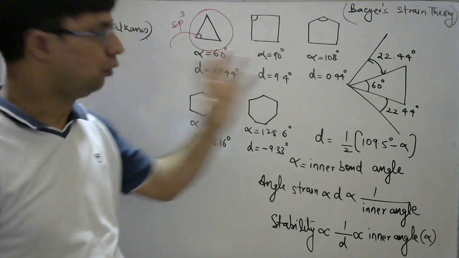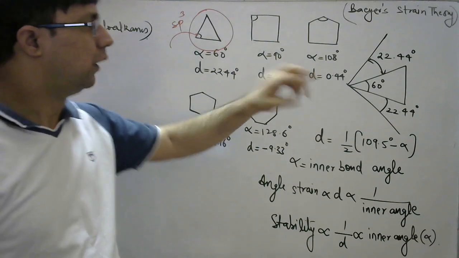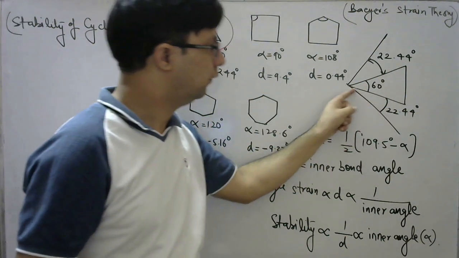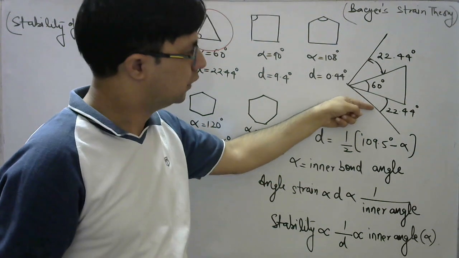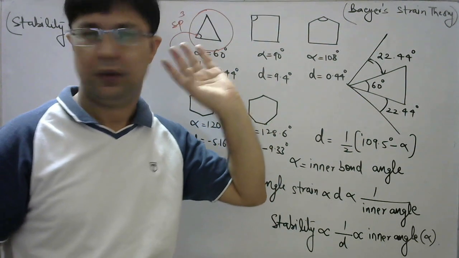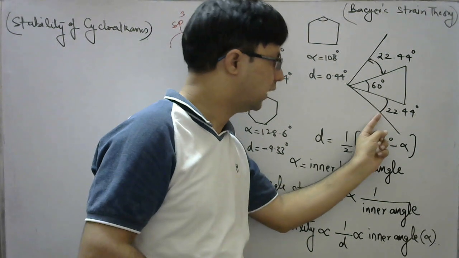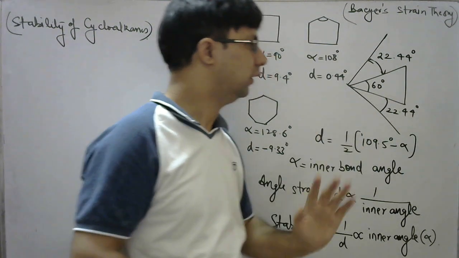To show how much it deviates from the normal tetrahedral angle, I have indicated that this angle of cyclopropane is 60 degrees, and this complete angle is 109.5 degrees. So what we get from here is this angle, called the angle of deviation, which is equal to 22.44 degrees.